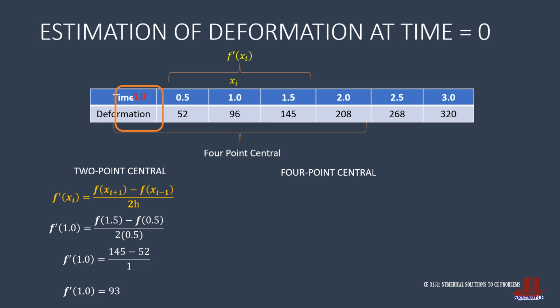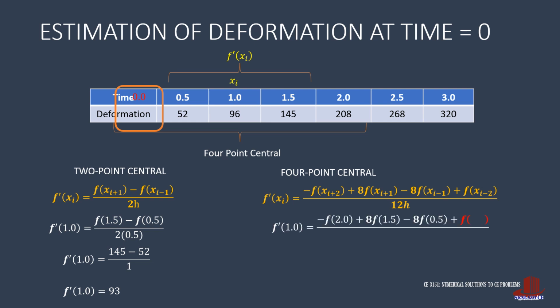Knowing this value, we can then use 4-point central to look for the required deformation. The function is negative f of xi plus 2 plus 8 times of f of xi plus 1 minus 8 times of f of xi minus 1 plus f of xi minus 2 all upon 12h, which can then be interpreted as negative f of 2 plus 8 times f of 1.5 minus 8 times f of 0.5 plus f of 0 all upon 12 times 0.5.